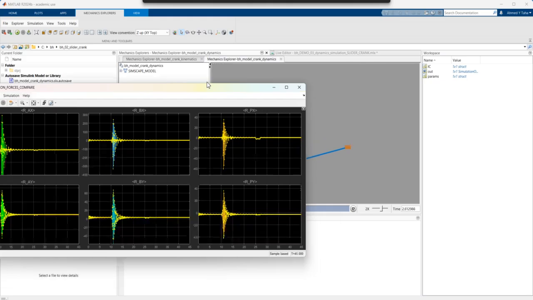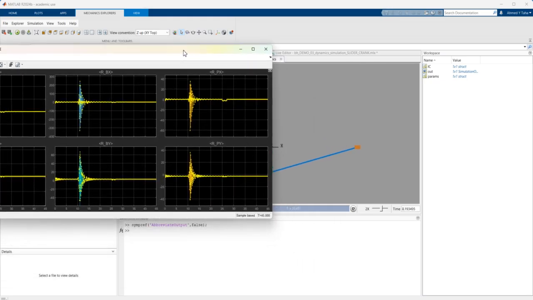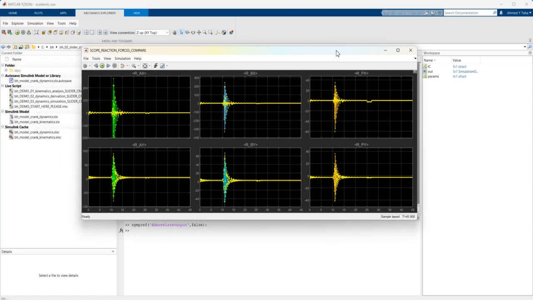And I can see actually this one is working at the same time as these graphs have been made. And I think these are the results that we would like to have.